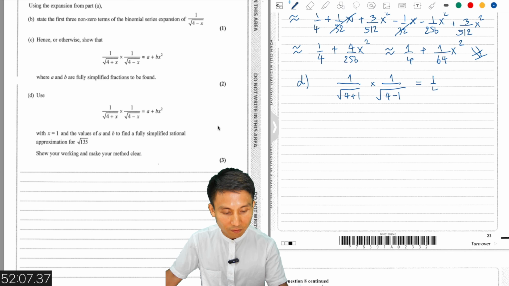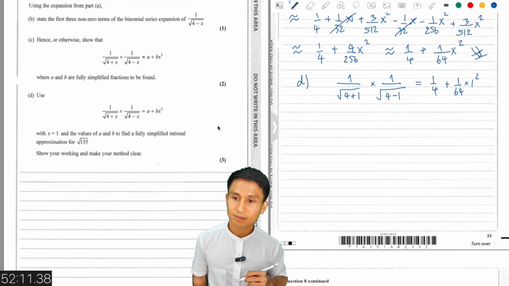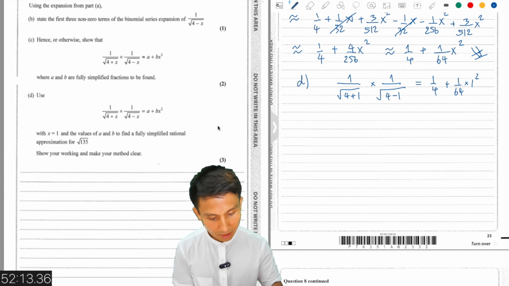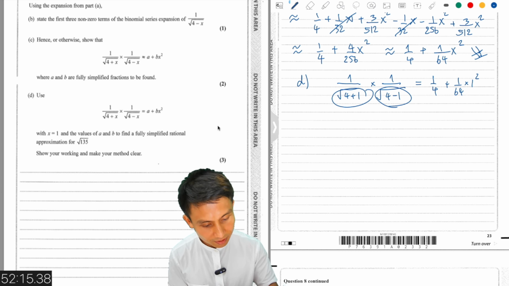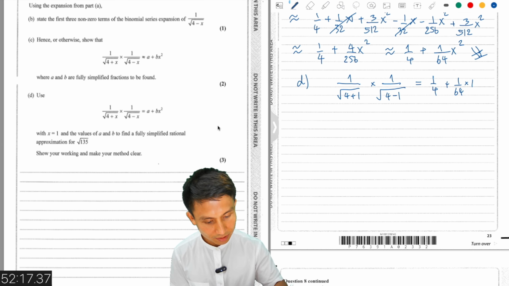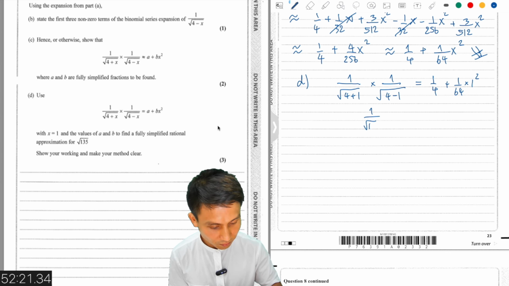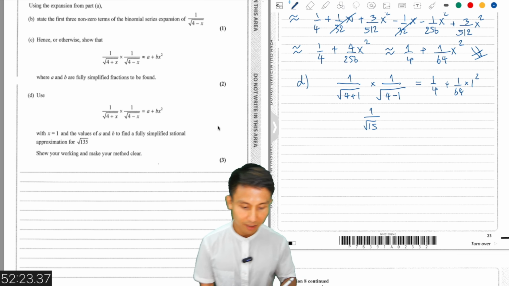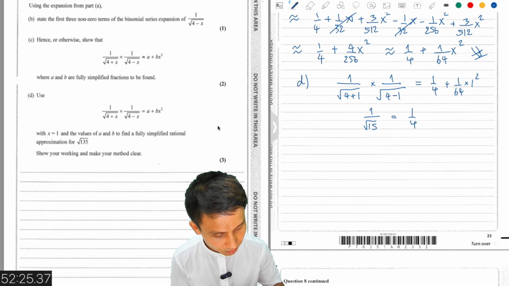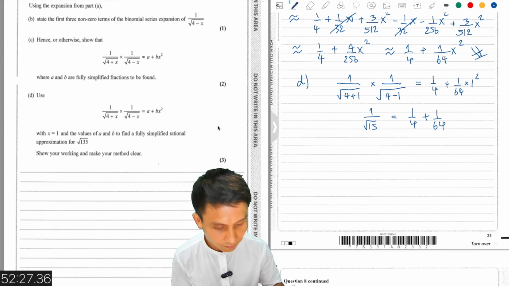A is 1 over 4 plus 1 over 64 times 1 squared. Okay, interesting. So this is 5 here and this is 3, right? So that's 1 over root 15, 5 and 3 multiplied.